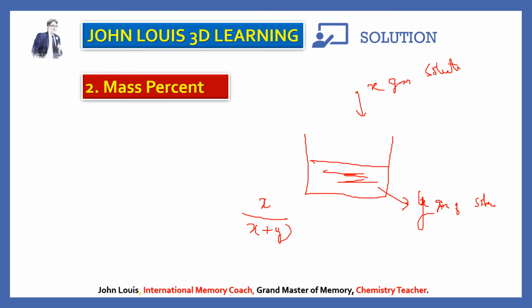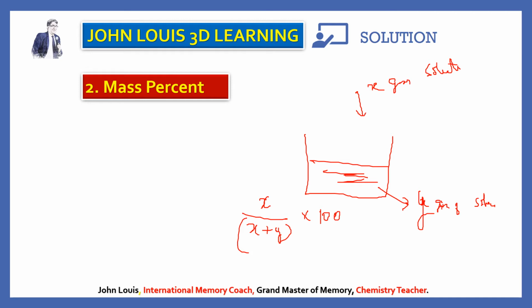In x plus y grams of the solution, the amount of the solute alone is x gram. Therefore, if it is 100 gram, how much? That will be the mass percent of that solute.